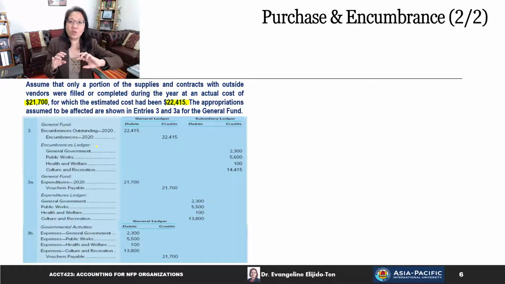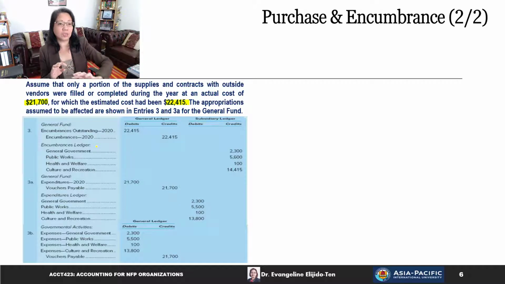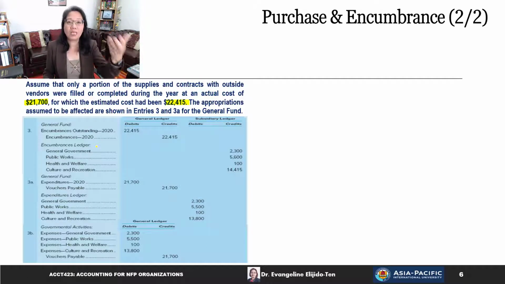Because we are now using the money that we have encumbered, remember, we debited encumbrances, credited encumbrances outstanding. So we'll need to reverse that once we have received the supplies. So encumbrances outstanding will now be debited and encumbrances will then be credited, for the estimated cost of $22,415.